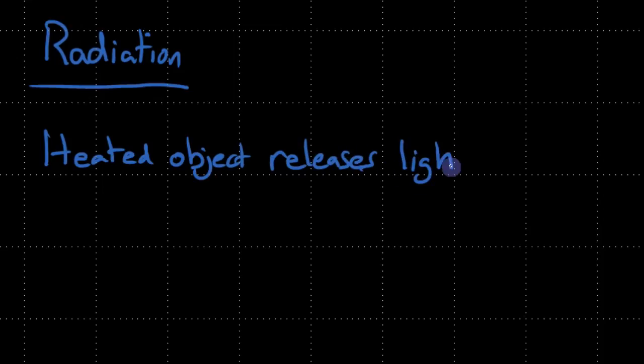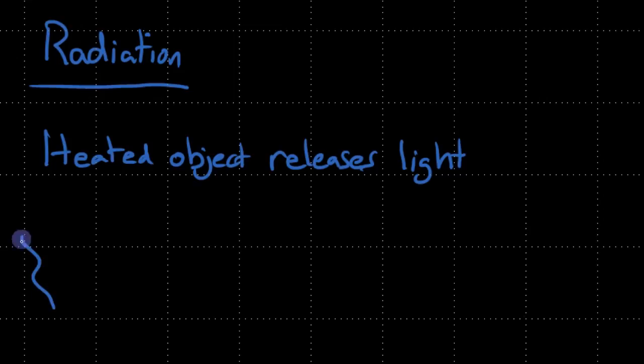Have you ever seen one of those thermal camera images? There's a contraption in there, which we're going to go over, that can sense the light due to heating. But anyways, heated objects release light.